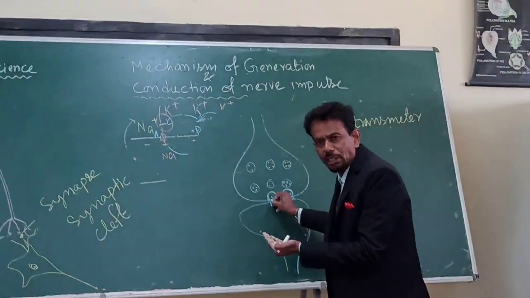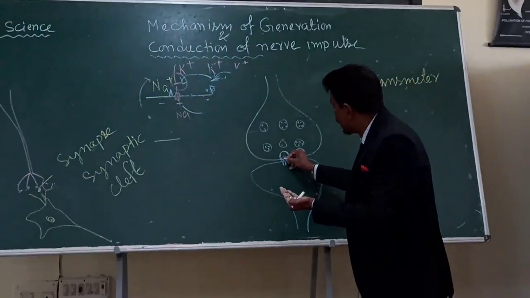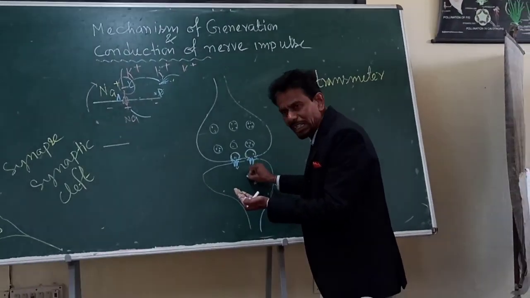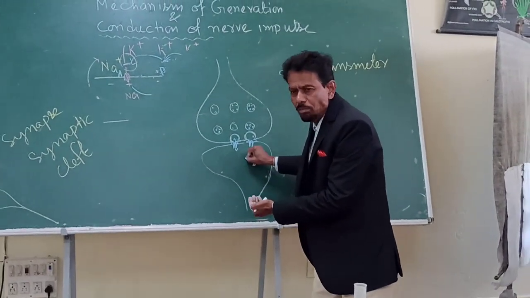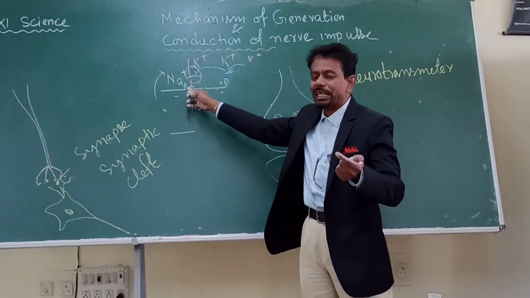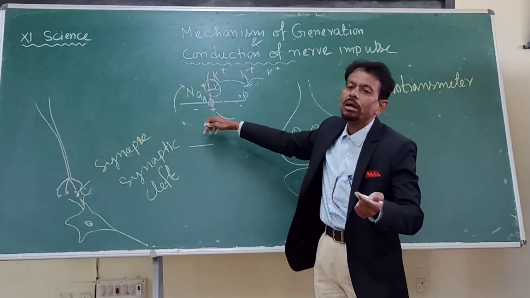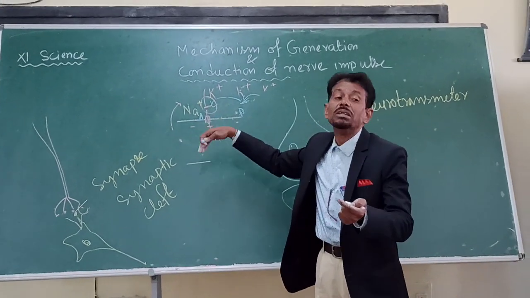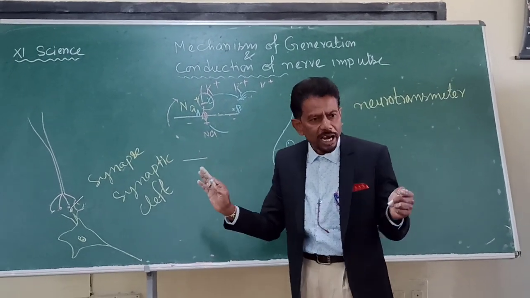These ion channels will open up. As a result, the impulse will pass to the next neuron, and the next neuron will be excited, and as excitation takes place, there will be depolarization of that neuron. Is it clear to you?